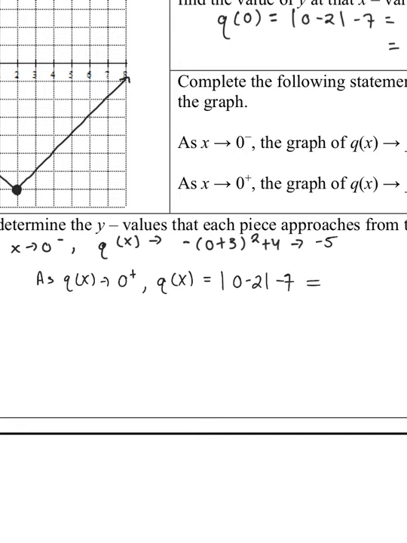And what do we get? Negative 5, right? And since both of these pieces approach the same y value of negative 5, and Q of 0 is equal to negative 5, then Q of x is continuous at that x value when x is 0. Okay?